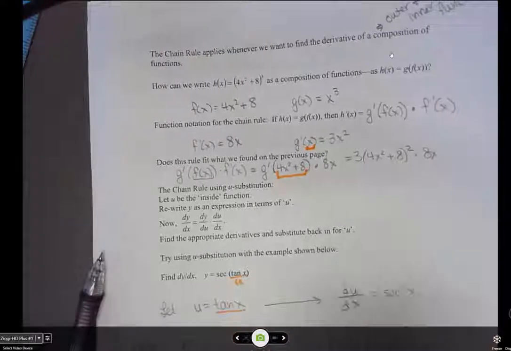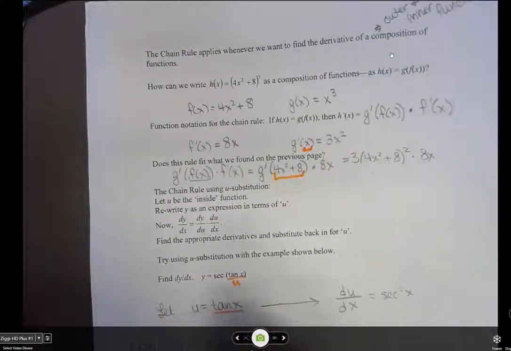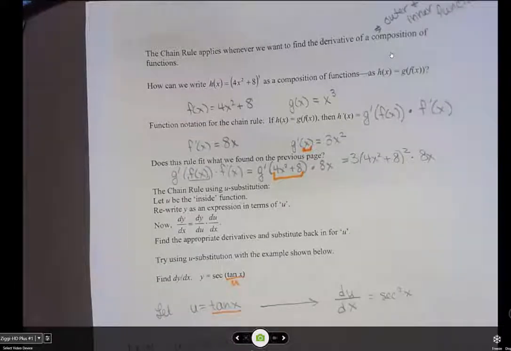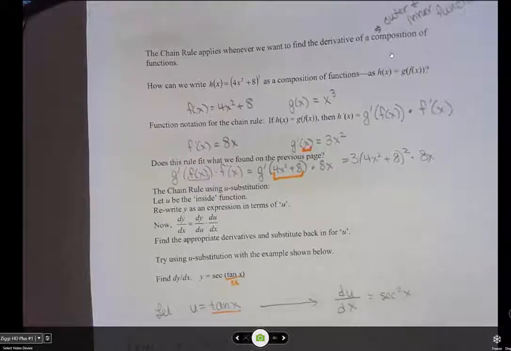So y is equal to secant u. I want to get to a point where, when I write y, there is no composition of functions anymore. There's just one function. Once you get y down to one function, then you won't have to do any more steps of the process. And here there's just one function, secant.